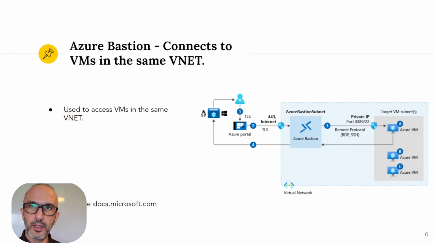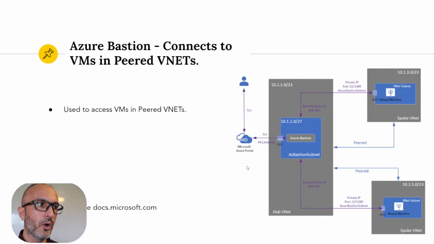IP. So what are the use cases for the Azure Bastion? I could use the Azure Bastion to connect to virtual machines that live in the same VNet, or I could use the Azure Bastion to connect to virtual machines that live in another VNet that is paired with my current VNet.